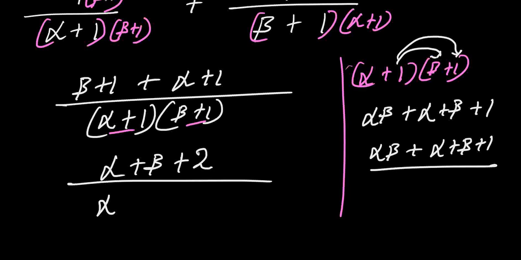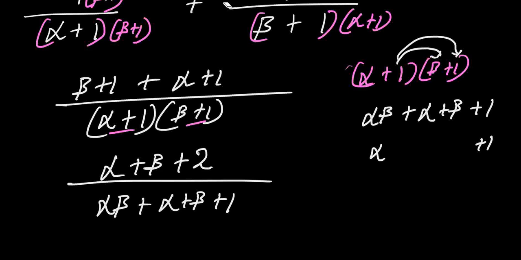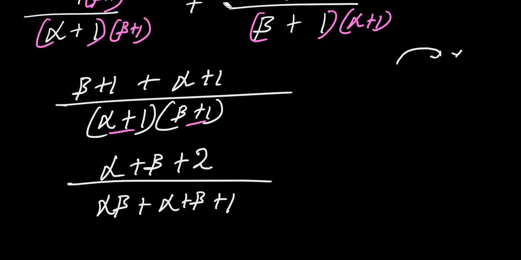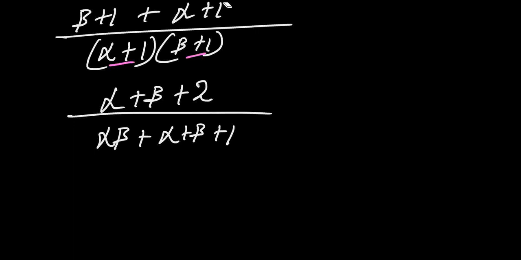So alpha beta plus alpha plus beta plus 1. Let's quickly take this away from here. Good. So now this can be taken as the sum of roots.